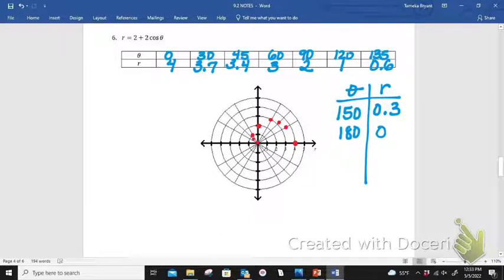Okay, so we definitely need the other half because that's only half of it. So let's keep going. Let's fill in 210, 225, 240, 270.